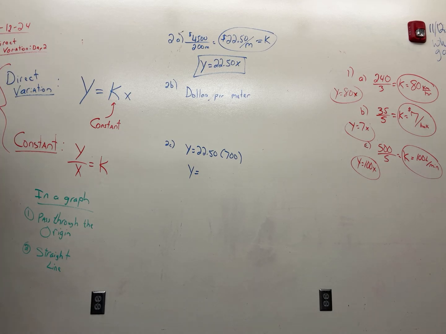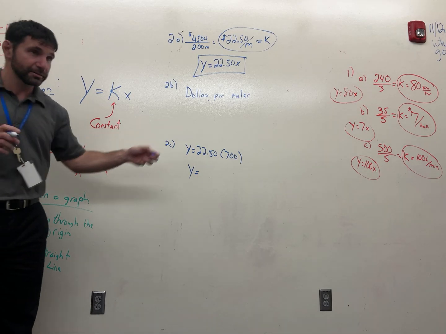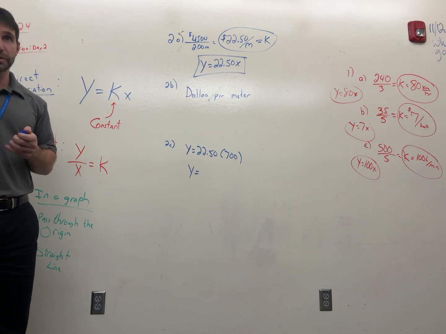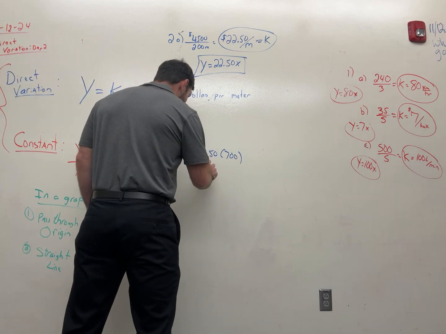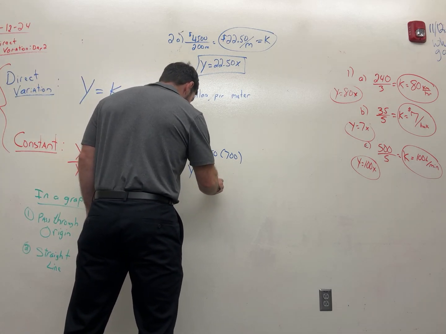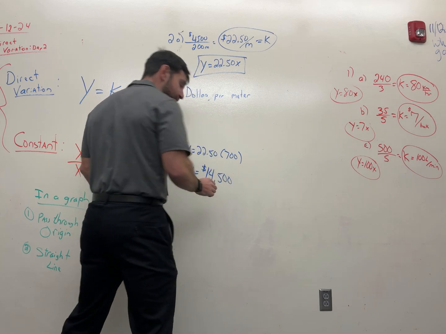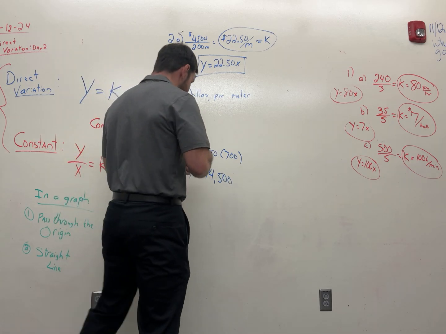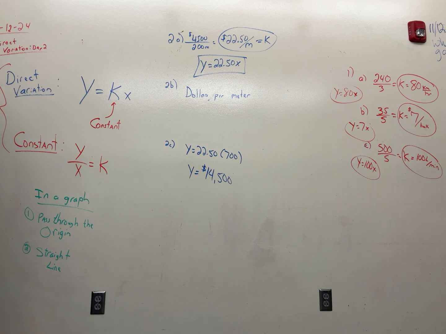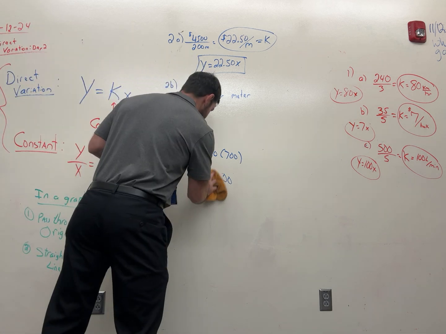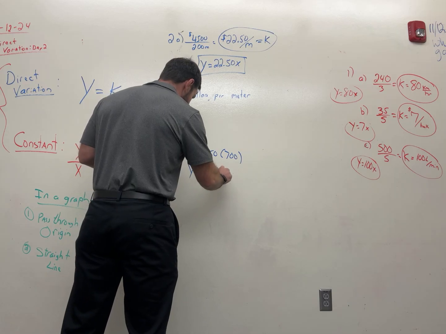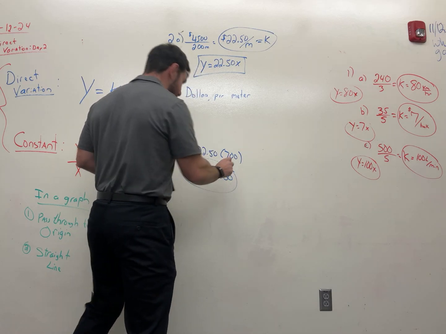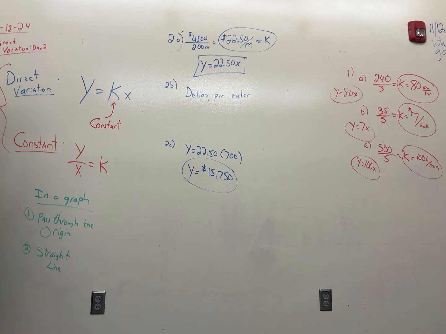Multiply. So it should give me 14,500, something like that? Is that it? How much does it cost? It costs 14,000. That's not what I got. What'd you get? 15,750. 22.50 times 700? Yeah. So what is it? $15,750. There it is. Okay. That's why I was asking.